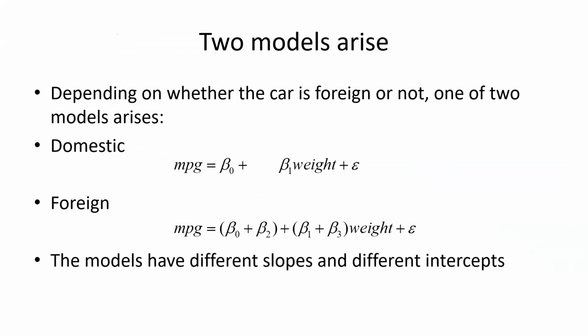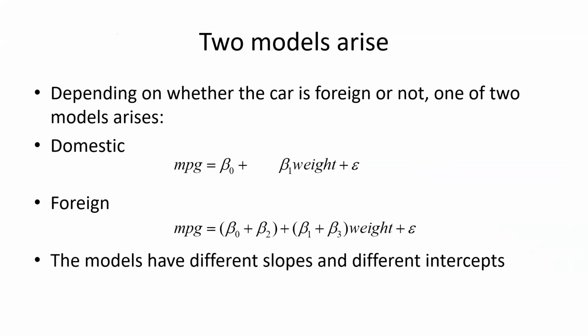Okay, now we can do this model game again, depending on whether the foreign indicator is turned on or off. We get now two different models. Before, without the interaction, we got a different intercept, beta 0 versus beta 0 plus beta 2. Now, because of the interaction, we also get a different slope, beta 1 versus beta 1 plus beta 3. Now, where does this come from?